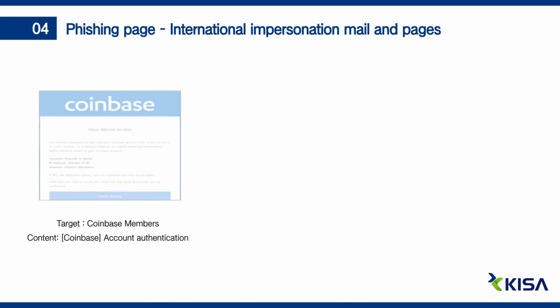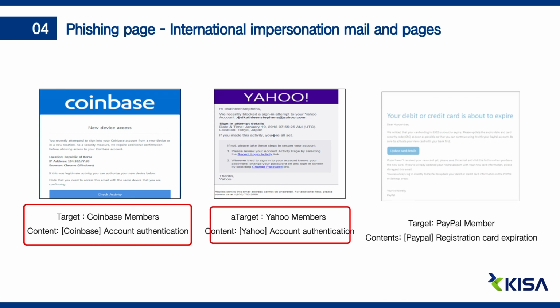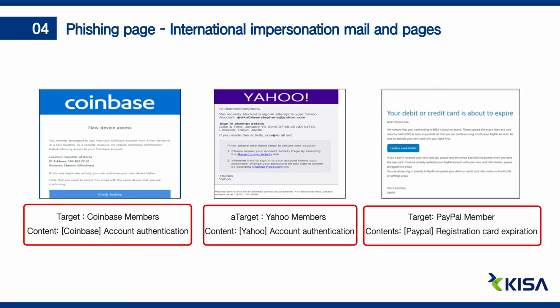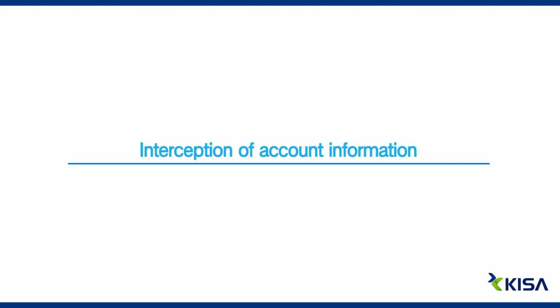We also find phishing pages of globally well-known websites like Yahoo, Coinbase, and PayPal. As you can see in this slide, attackers steal account information through pages like account authentication or expired credit card period.